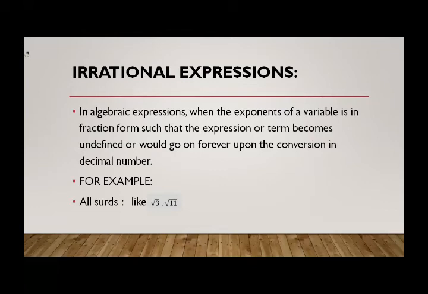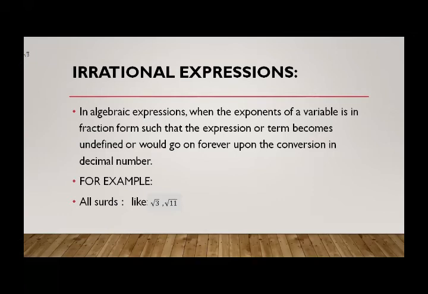It means in examples, we consider all types of surds like root 3 and root 11. Root 3 is a surd. If we find its square root by using a calculator, we see its answer is 1.732, meaning its answer will be in decimal. If we take simple division, its answer will be in fraction form.